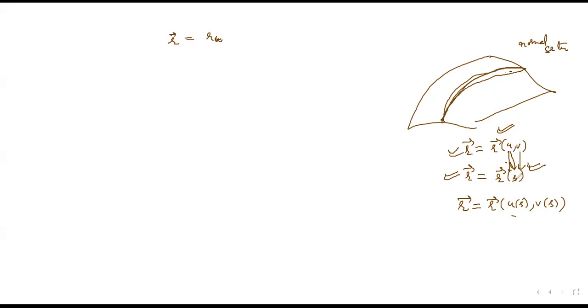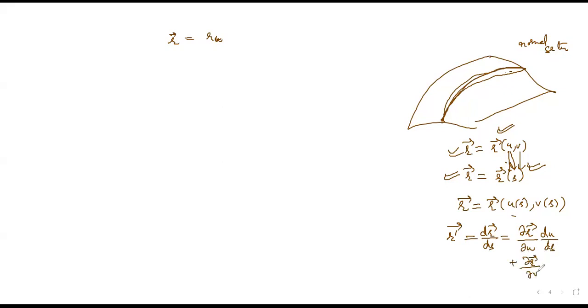Okay, once I'm done, then I have to find r dash. Now r dash is dr by ds. Now using the chain rule, as you must have used many times by now, this should be del r by del u into du by ds. It is the chain rule of multivariate calculus.